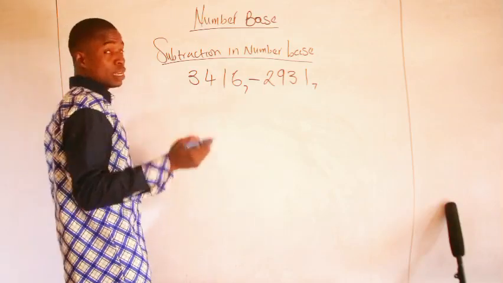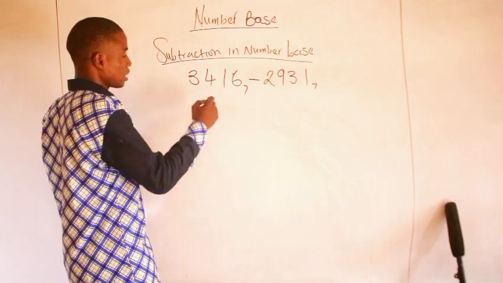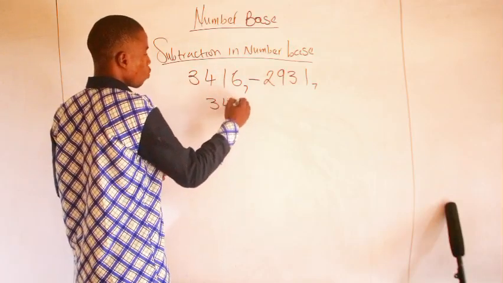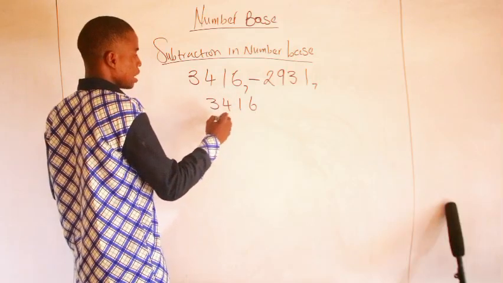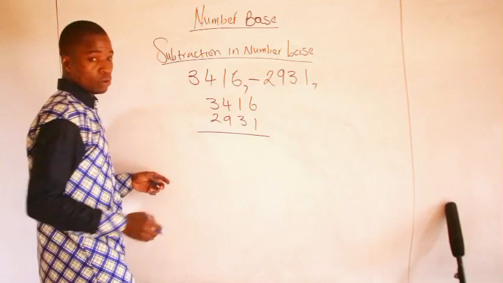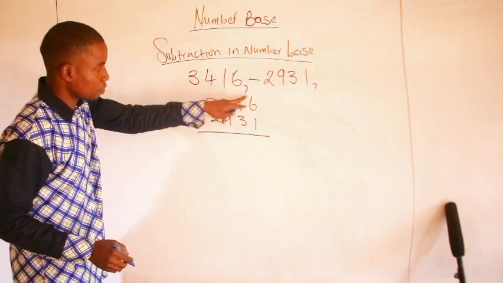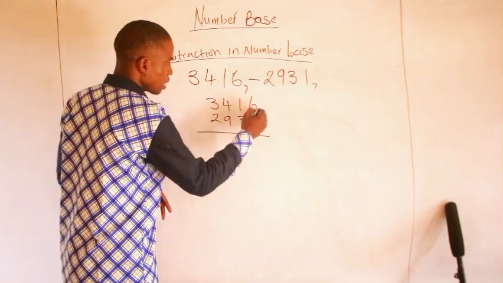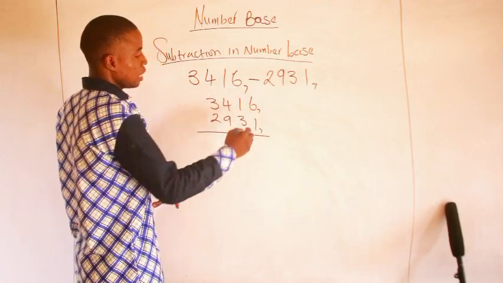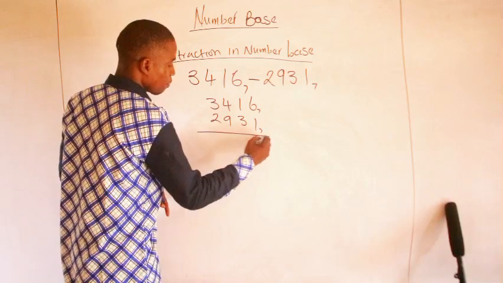The way you normally do this subtraction, we subtract 2 9 3 1 from 3 4 1 6, and all of them are base 7. This minus this is 5.